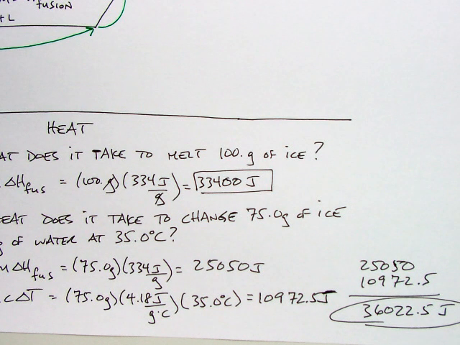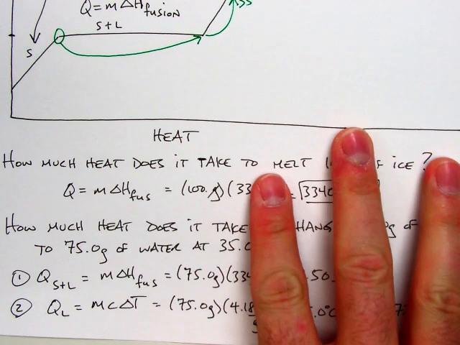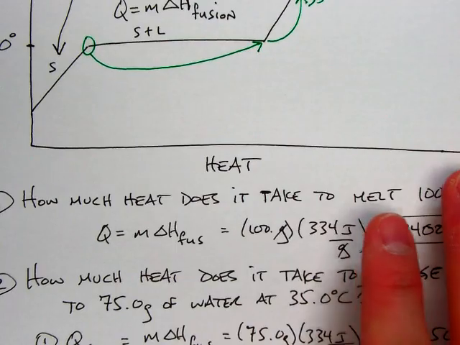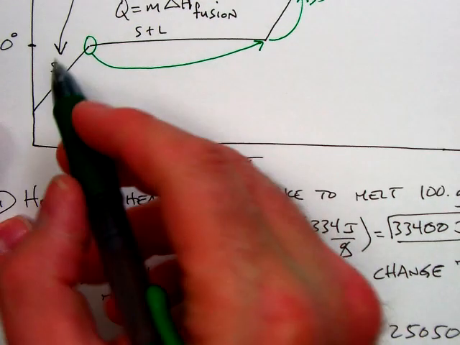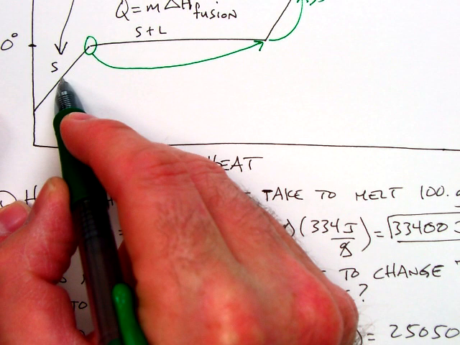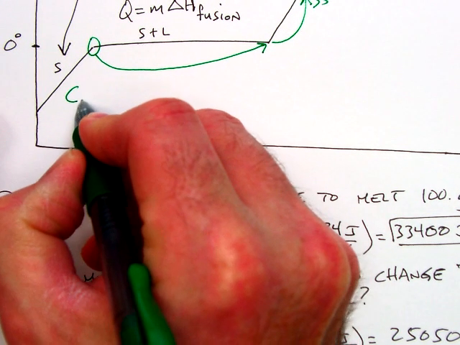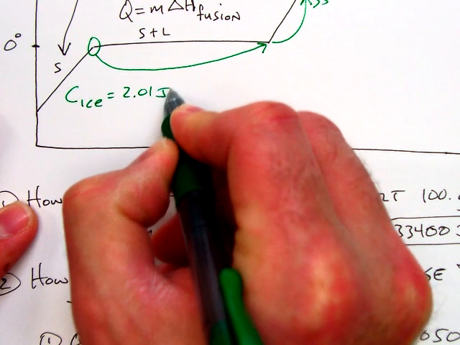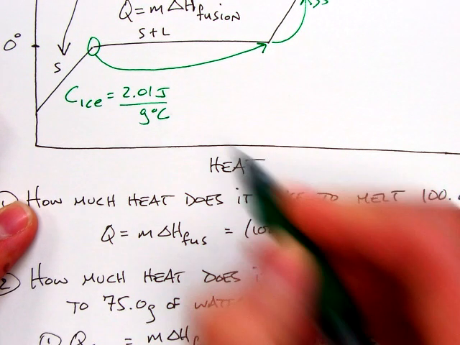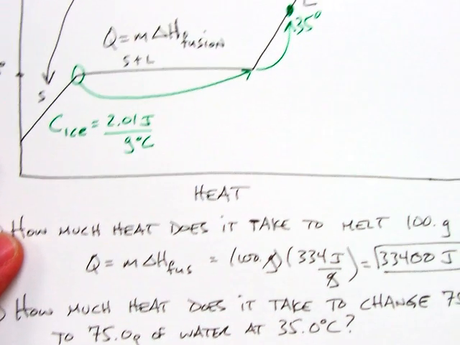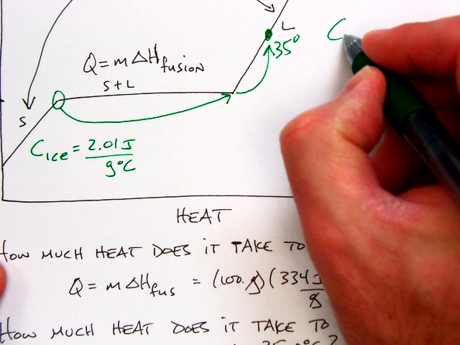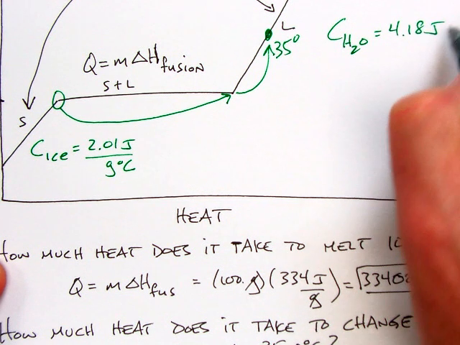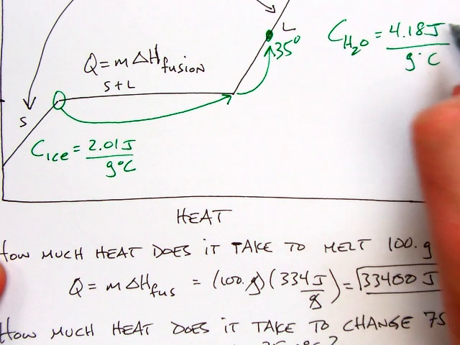And one thing I should tell you, let's go back up to our graph here, is that when you're dealing with Q equals MC delta T for your solid, for ice, you're dealing with a different specific heat. That's going to be 2.01 joules per gram degree Celsius. For water, we know the C value of water anyway, but we'll go ahead and write it down here, 4.18 joules per gram degree Celsius.